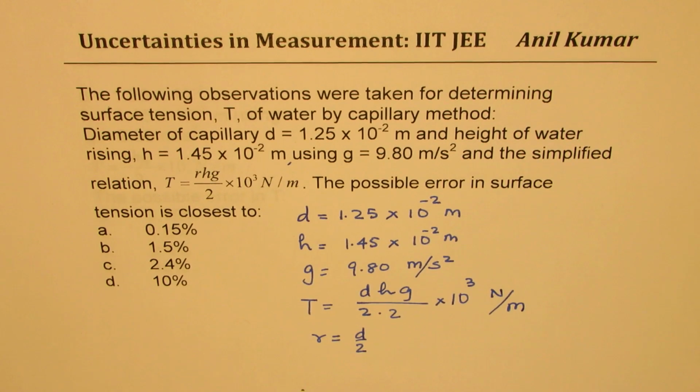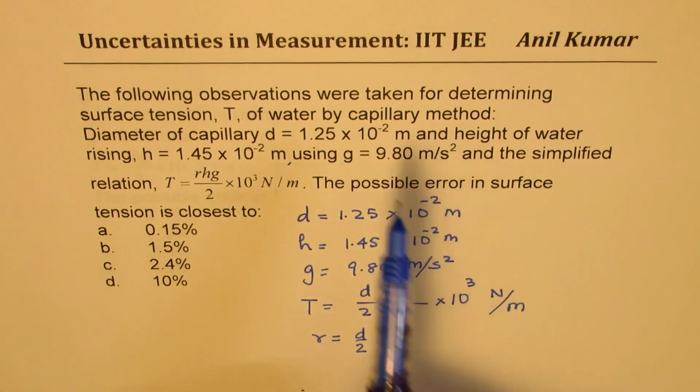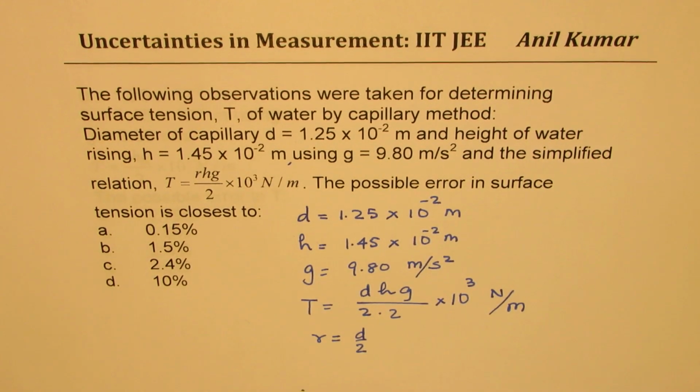Now, the complication here arises not only from the complicated formula which you see here, but also because we are not directly telling you what could be the error in measurement of diameter or height or gravity or whatever. So this is one part which we should understand. Let's understand this and then we'll get into the solution.